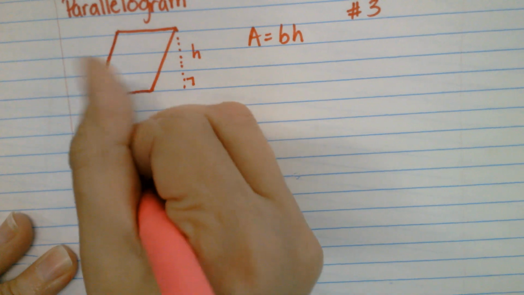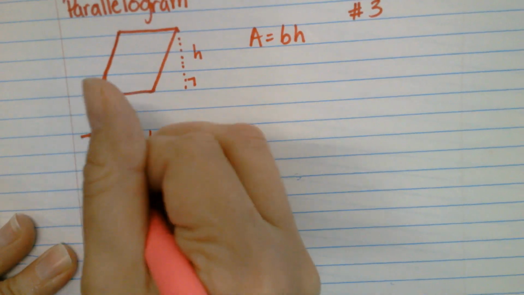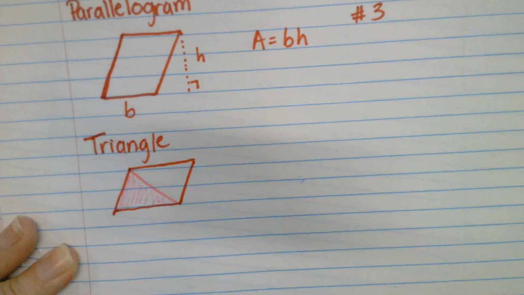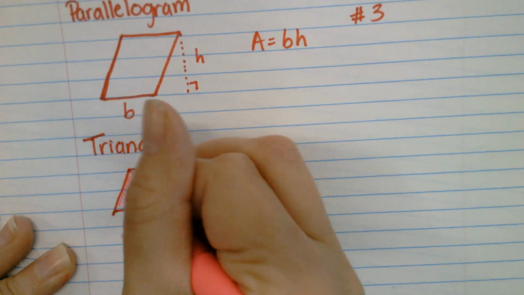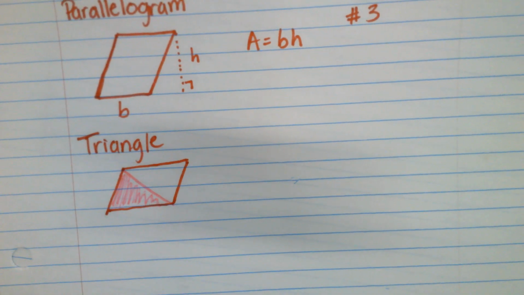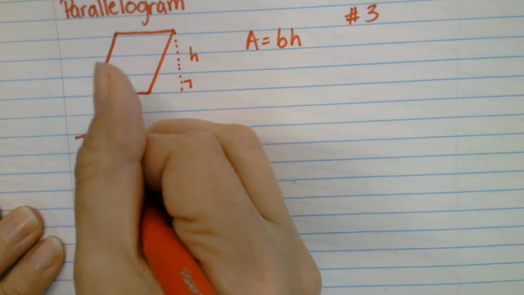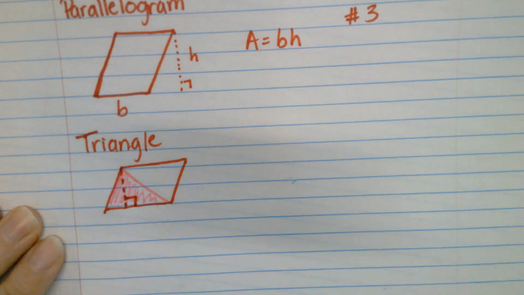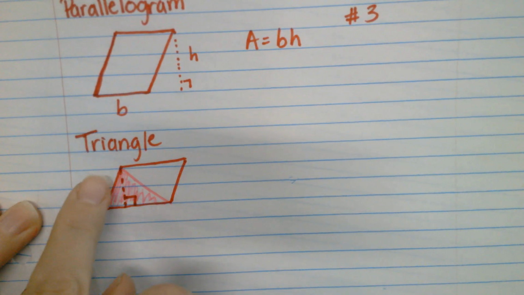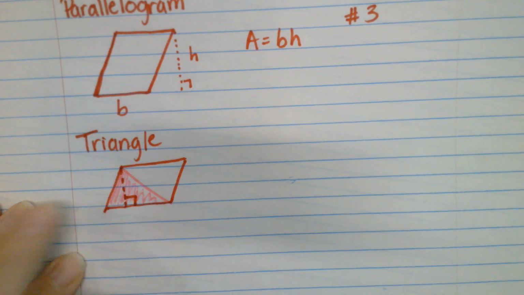So I'm going to cut this in half to show you that the formula is the same. Because I'm trying to help you discover it. So triangle formula is literally 1/2 base times height, because I just want this little bit.